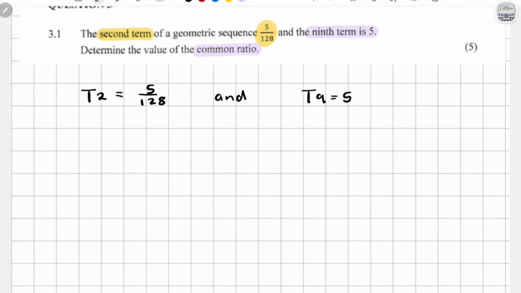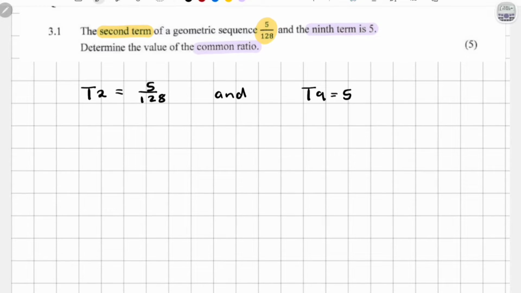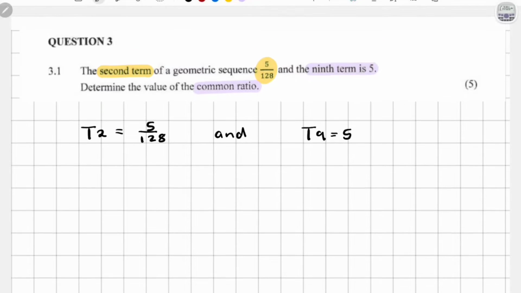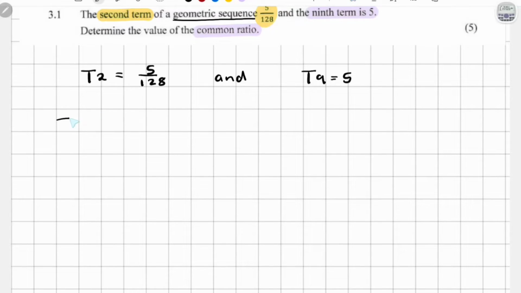Okay, again, this is just a simultaneous equation. Because we're speaking about terms, we're going to be using the Tn formula of a geometric sequence, which is Tn equal to A multiplied by R raised to the power of n minus 1. So here we're substituting term 2.